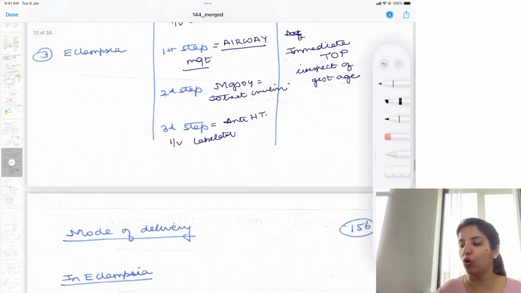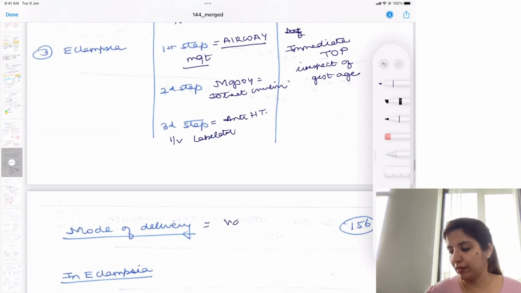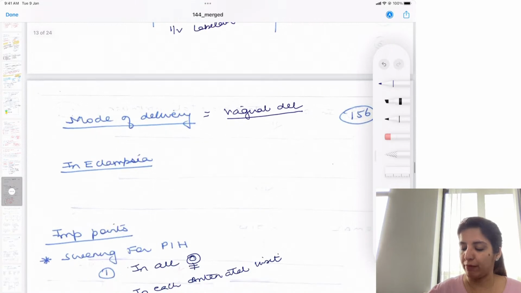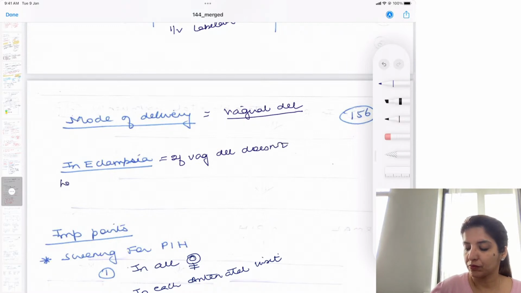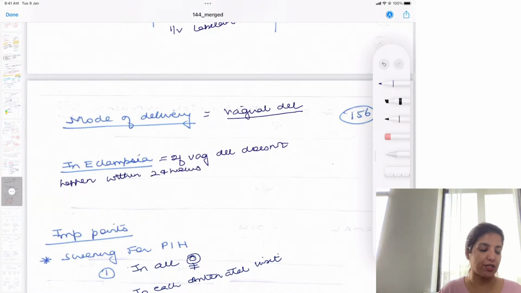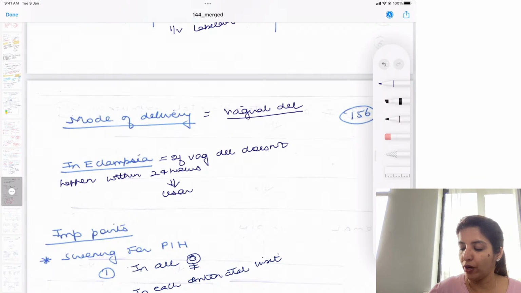Now, what is the mode of delivery? Mode of delivery in a patient of PIH is always vaginal delivery. In patients of eclampsia, if vaginal delivery does not happen within 24 hours, then you are going to go for cesarean section, right?